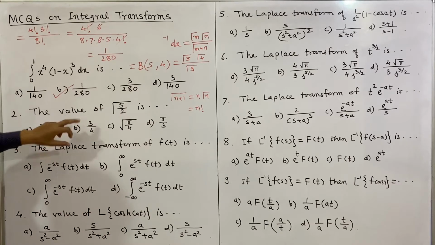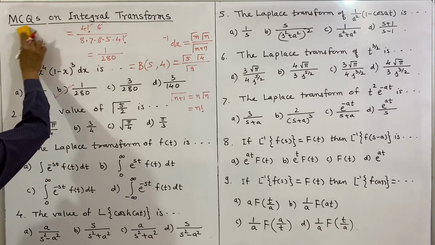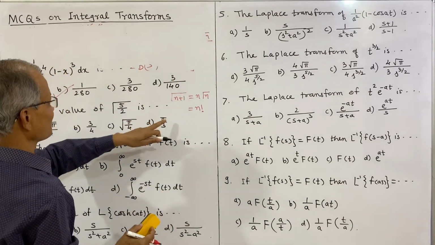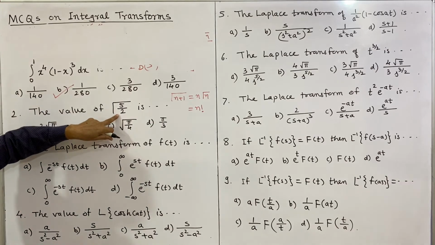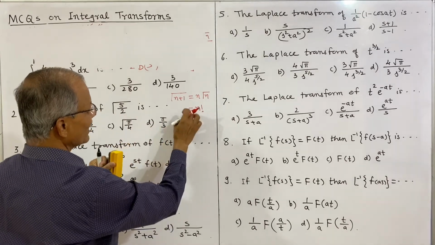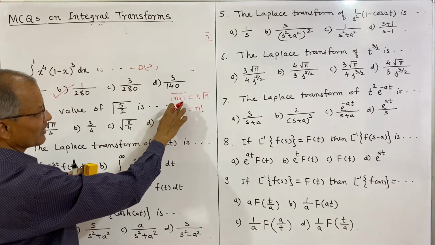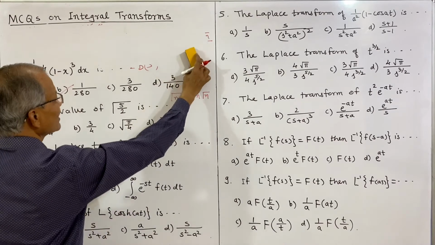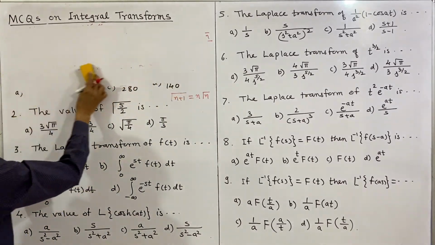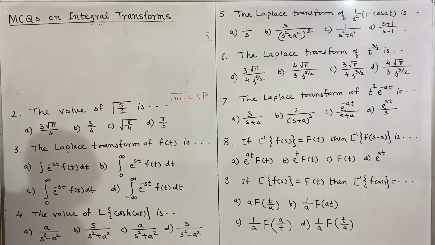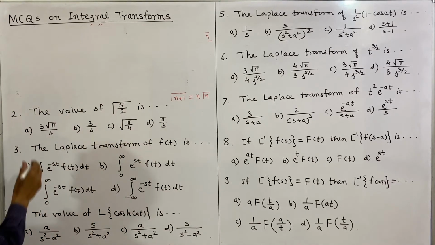Now next is the value of gamma of 5 by 2 is which value? For this purpose we can use the same result, and here n is 5 by 2, not integer, then we must use the first form. If n is positive integer, then gamma of n plus 1 becomes n factorial, and if it is not positive integer, then we should use this form. Gamma of n plus 1 is equal to n into gamma of n, and therefore what will be gamma of 5 by 2?